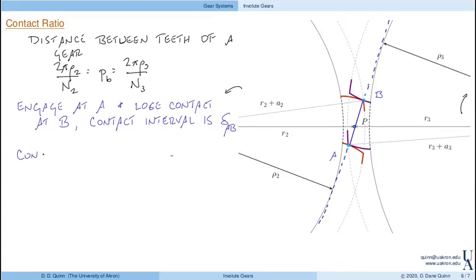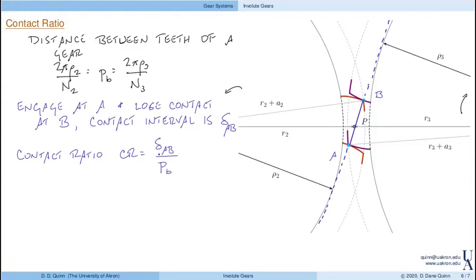The contact ratio is abbreviated as CR, and that's the ratio of the contact interval, or the distance over which a pair of teeth are in contact, divided by the distance between teeth on an individual gear.